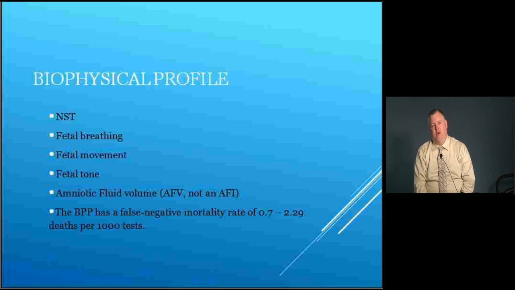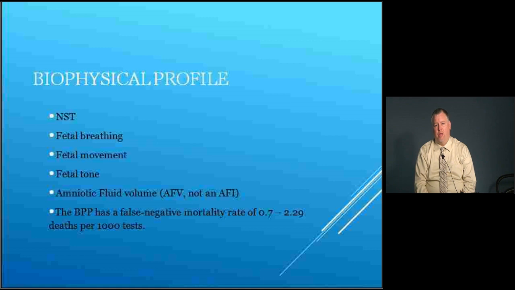So biophysical profile is a test that consists of 5 different components. The first component is with the fetal monitor, and that's a non-stress test, and we've typically already done a non-stress test by the time we get to this point. The other 4 indicators are all done via ultrasound, and they include fetal breathing, fetal movement, fetal tone, and amniotic fluid volume.